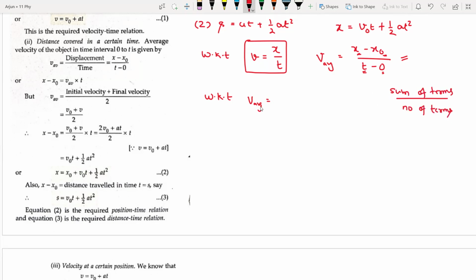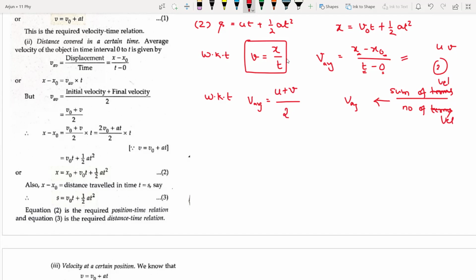Now we have to go with average velocity, so relate the same thing. What is average velocity? Sum of velocities upon number of velocities. How many types of velocities do we know? Only two: number one, initial velocity, number two, final velocity. So average velocity is initial velocity plus final velocity upon number of velocities, which is two. So this is the formula.